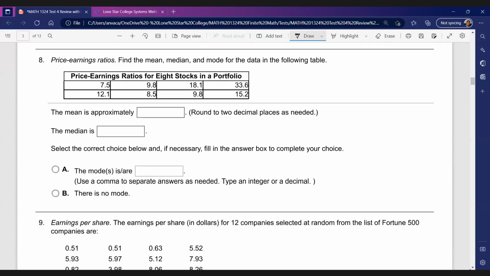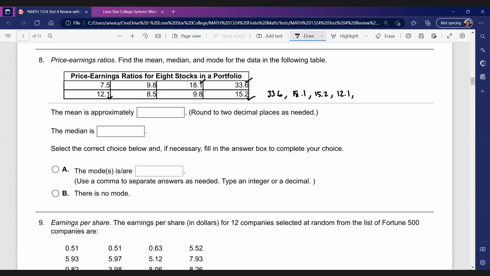I see a 33.6, so I'm going to put a little check mark there. I see an 18.1. I see a 15.2. I see a 12.1.